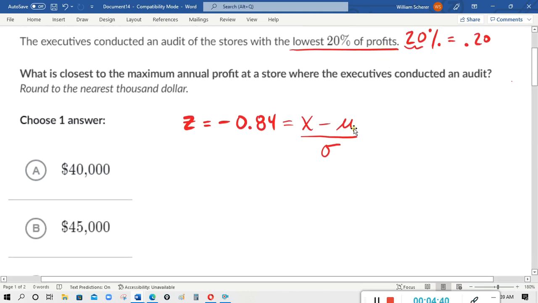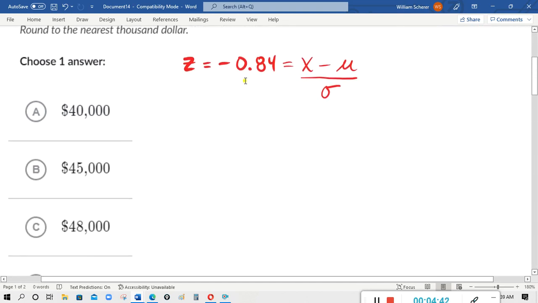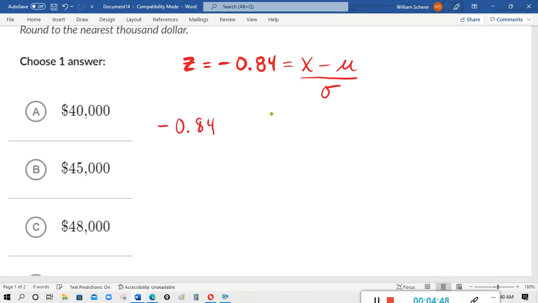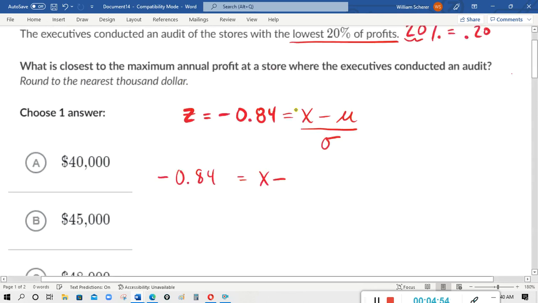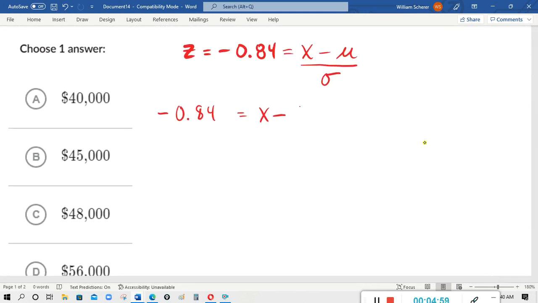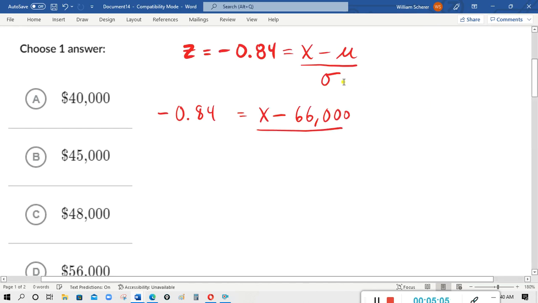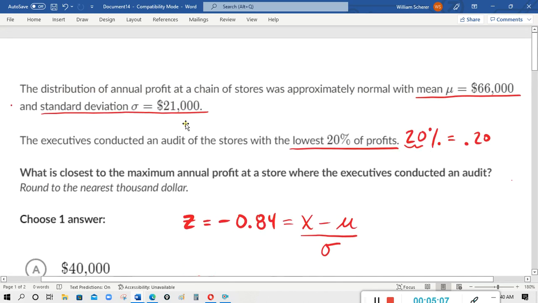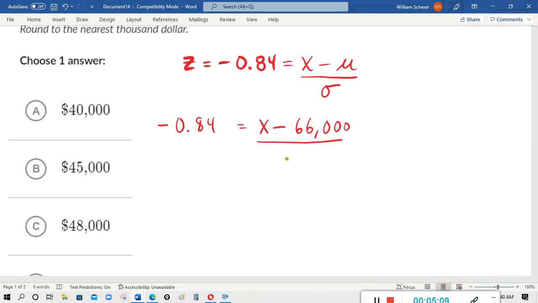Okay, so rewriting this equation, we have negative 0.84 equals x minus 66,000 divided by 21,000.